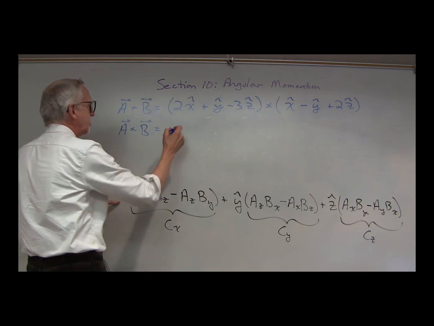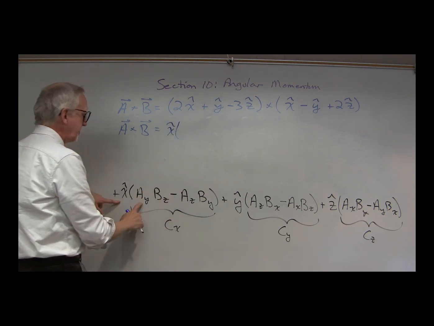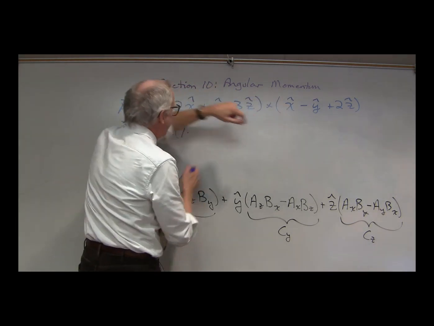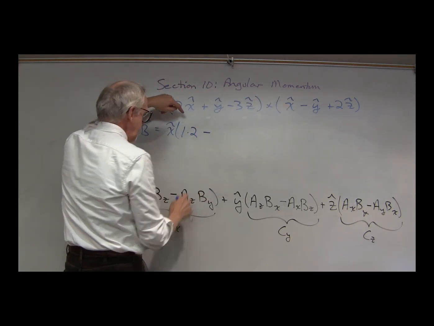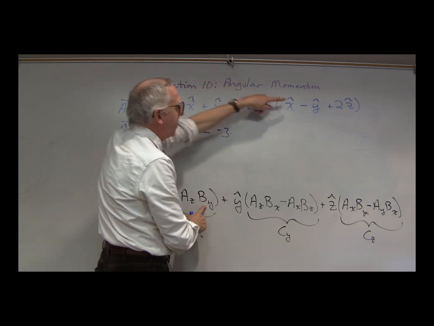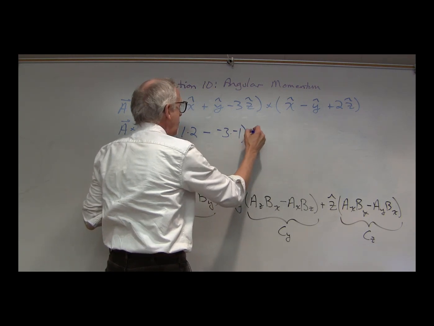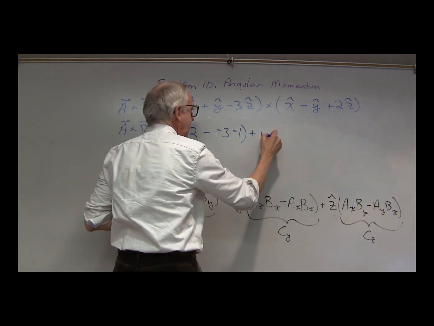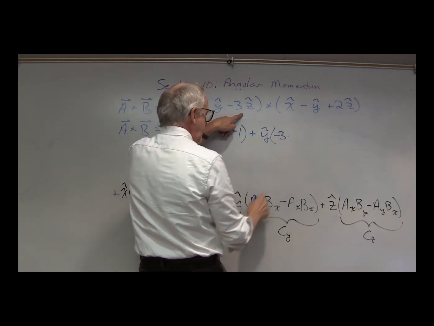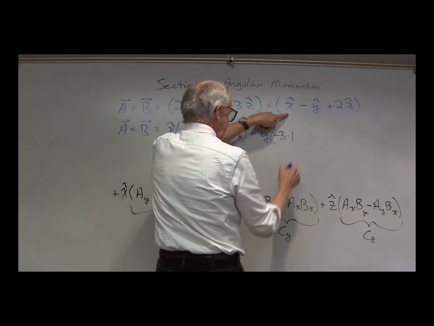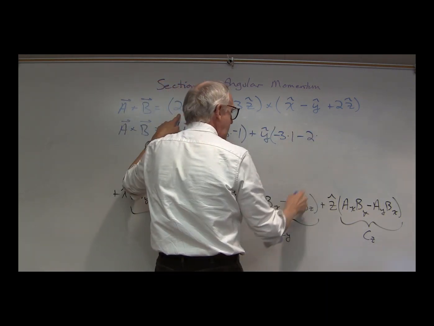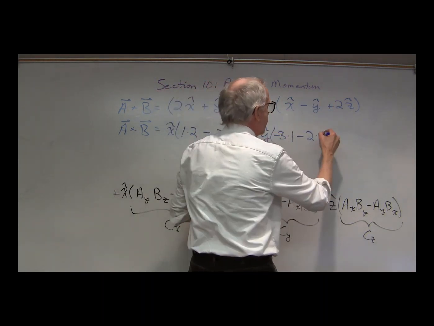So this is going to be equal to x hat times ay, which is 1, times bz, which is 2, minus az, which is negative 3, times by, which is negative 1, plus y hat times az, which is negative 3, times bx, which is 1, and then minus ax, which is 2, times bz, which is 2.